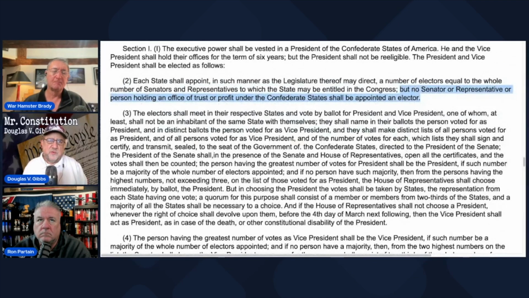And for those of you who are not familiar with the Electoral College, the electors voted for president. There was not a vote of the people, and the electors matched that vote as we see today. The electors were chosen, then they voted for president. And typically, the way they were chosen was the people would vote for an elector to represent them that was in place because of the number of House representatives.